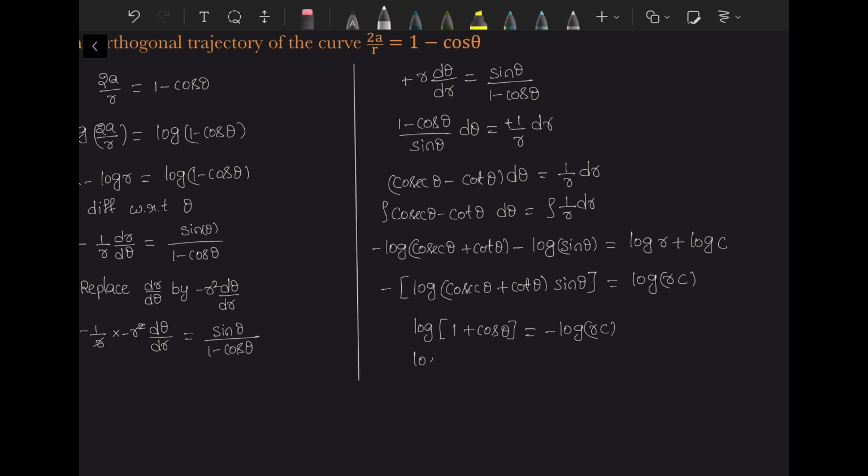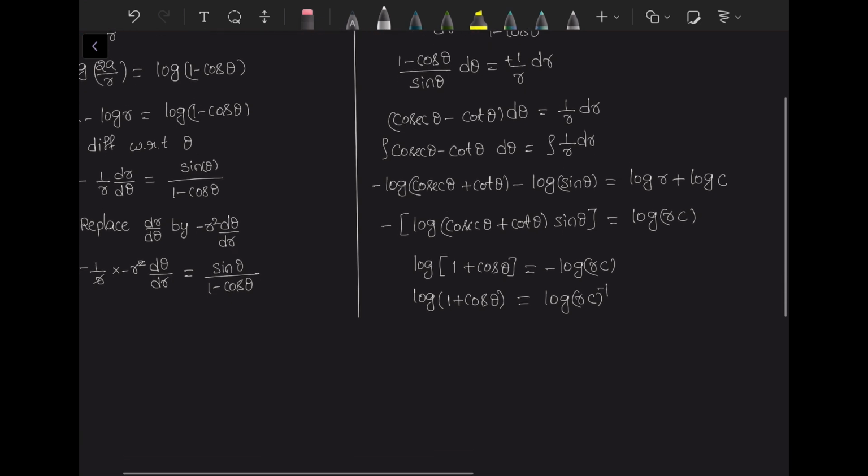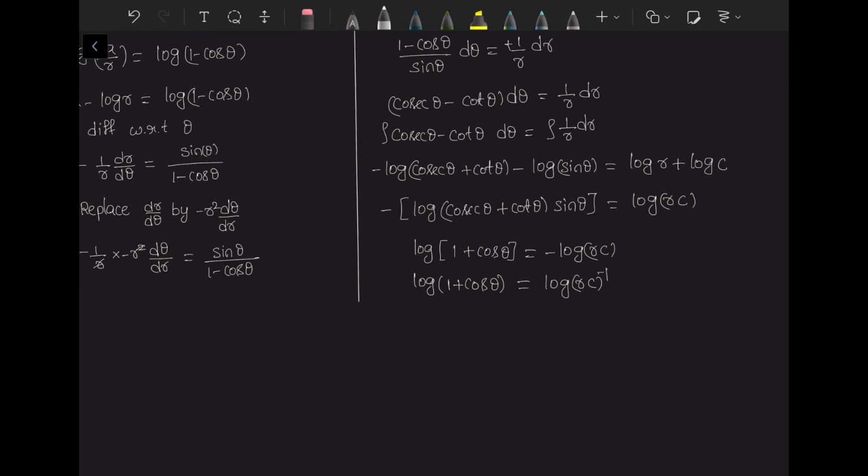So log of (1 + cos θ) is equal to log of (rc) whole power -1. Now if I remove logs on both sides, I'll get 1 + cos θ = (rc) whole power -1.